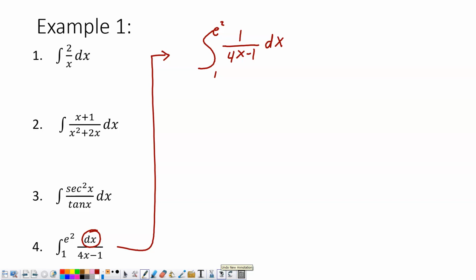Anyway, now we're going to go ahead and begin. So the first thing we're going to do is we're going to do some u substitution here. I'm going to let u equal 4x minus 1.